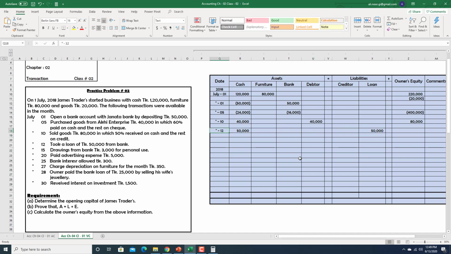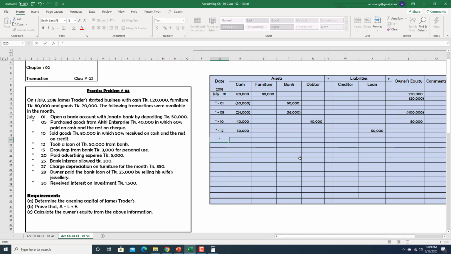Let's say July 15, drawings from bank, taka 3,000 for personal use. We know that when the owner withdraws any amount of money from the business, it will definitely reduce the capital and cash also. Since this is a cash withdrawal, it will reduce the cash amount.